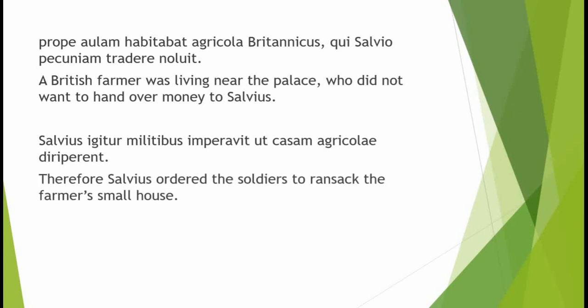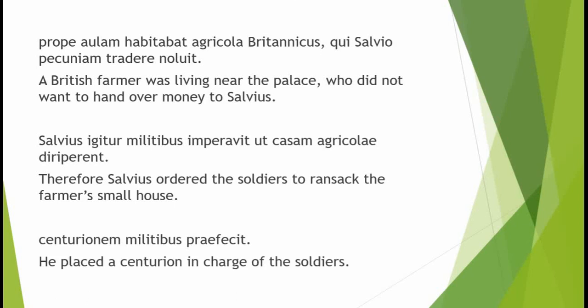Therefore Salvius ordered the soldiers to ransack the farmer's small house. Hopefully there you have noticed that use of imperavit and ut, and realised that that is an indirect command. Centurionem praefecit militibus, he placed a centurion in charge of the soldiers.